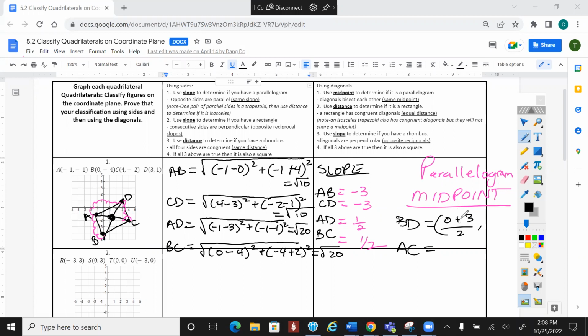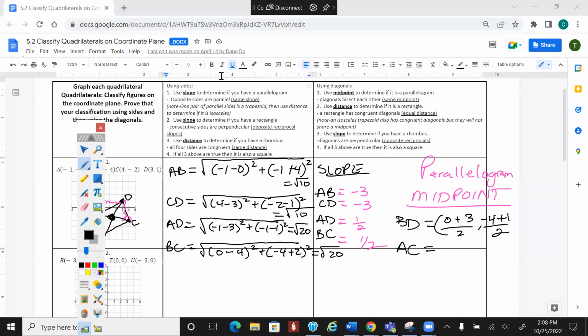So 0 plus 3 divided by 2, and then you're also going to do the y values: -4 plus 1 divided by 2. When you do that, you're going to see that the midpoint is 3/2, -3 divided by 2.